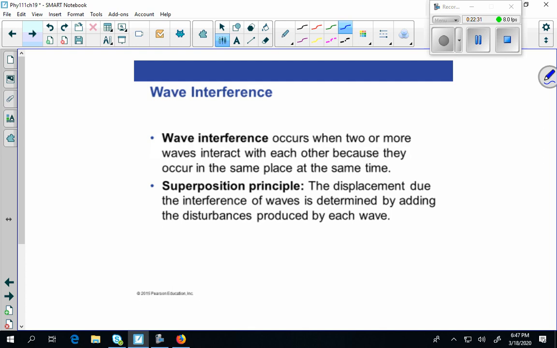Wave interference is what happens when two or more waves come into contact with each other. They're occurring in the same place at the same time. So the displacement due to the interference of those waves, we can figure out by adding the disturbances produced by each wave.